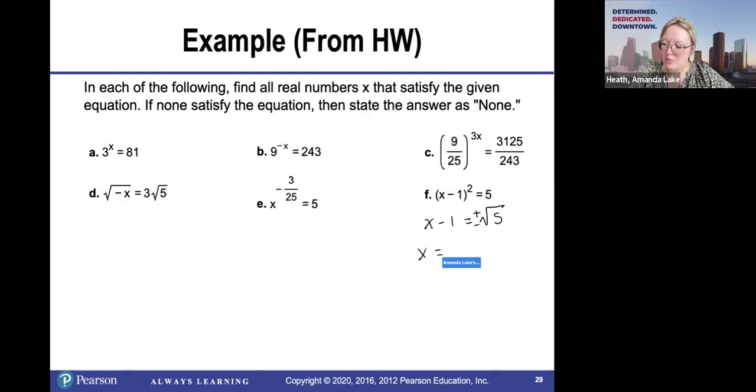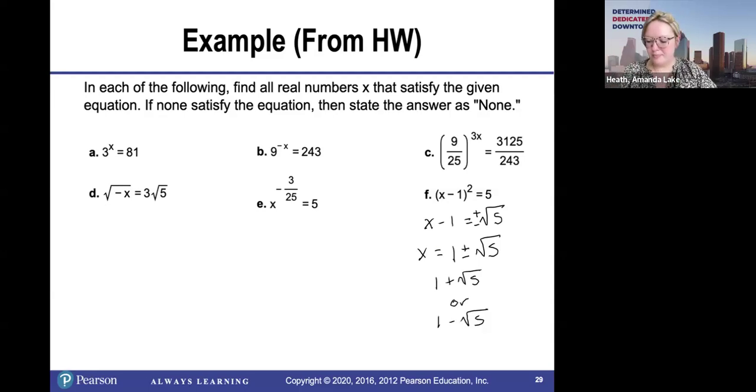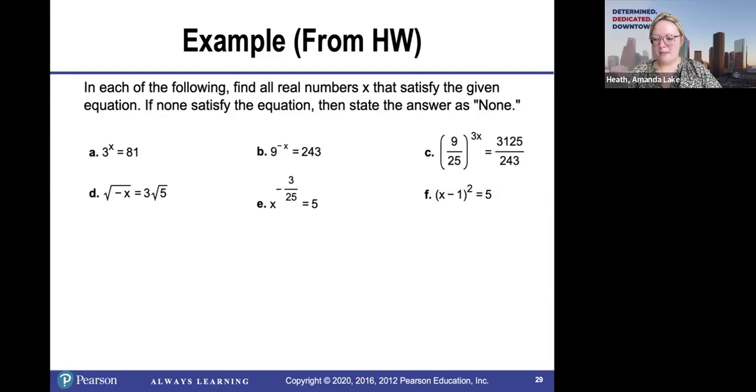So x equals 1, if I add 1 to both sides, plus or minus the square root of 5. So 1 plus the square root of 5, or 1 minus the square root of 5. That's because I imposed the square root myself, and we weren't asked for the principal square root.